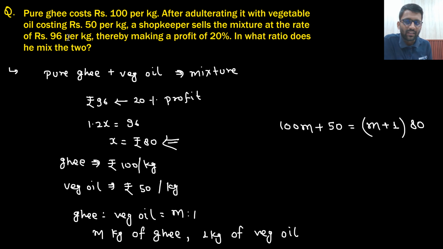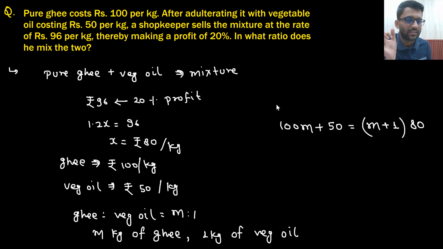This rupees 80, that means he is selling at 96 per kg after 20% profit. The actual price was rupees 80 per kg. So m kg was ghee, 1 kg was the vegetable oil. So basically ghee would cost him 100 m rupees.